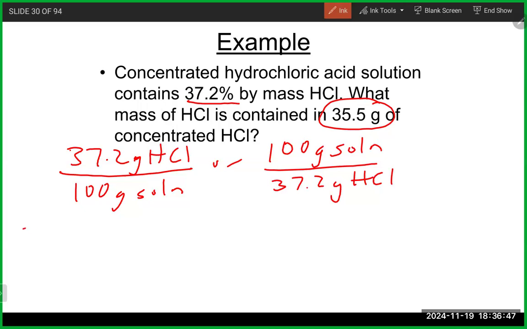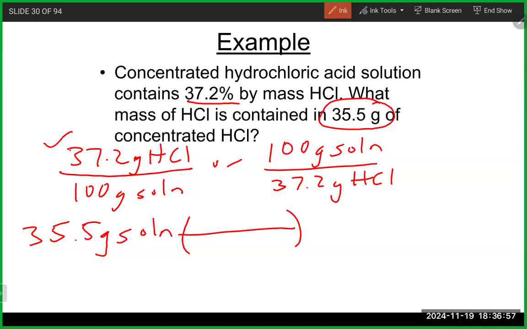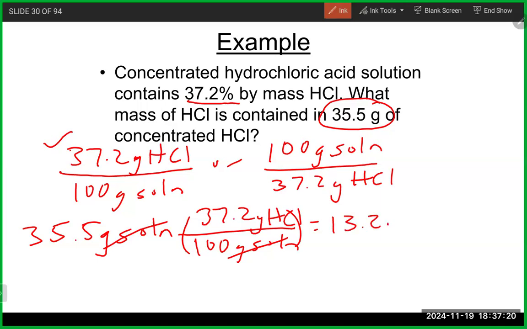So I could take my 35.5 grams of solution and do a more dimensional analysis sort of calculation, where I would use this as my conversion factor, 37.2 grams of HCl and 100 grams of solution. Grams of solution will cancel. That gets me 35.5 times 37.2 divided by 100, 13.2 grams of HCl in this case.